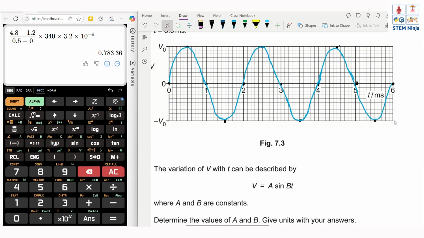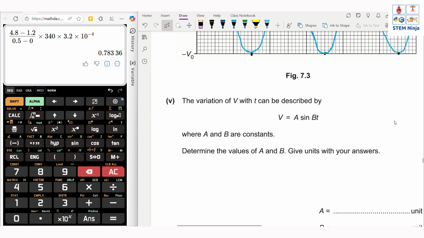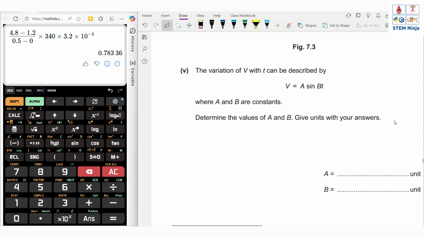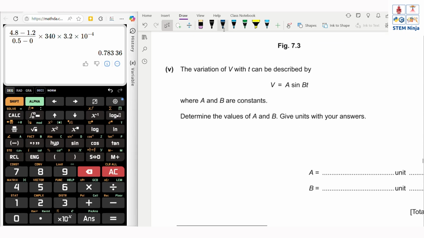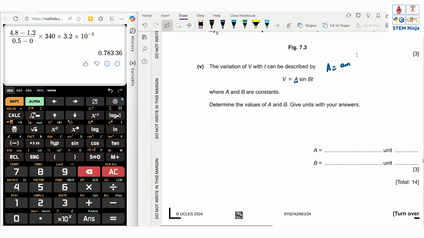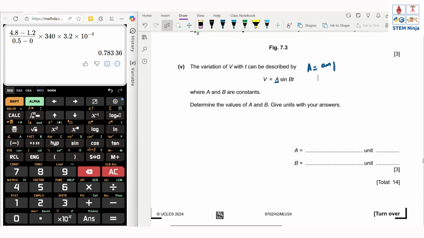All right, the variation of V with T can be described by V is equal to A sine B T. So A, we know that whenever we have a sine function, this is the amplitude, and B will dictate the period.